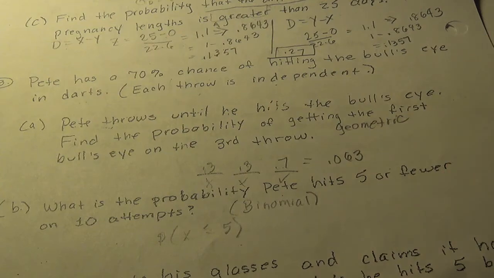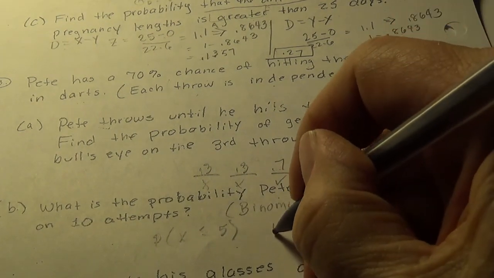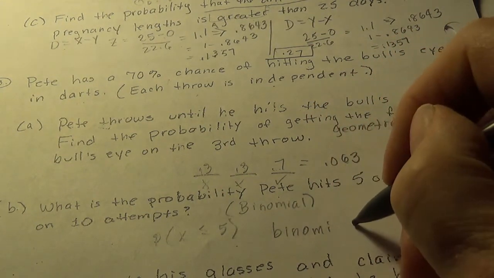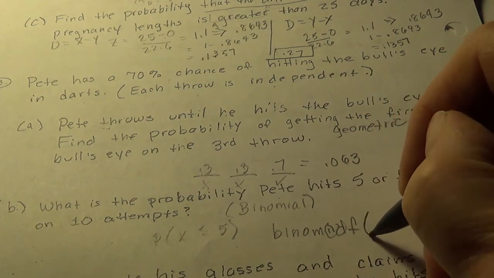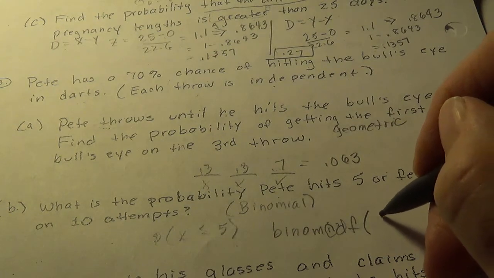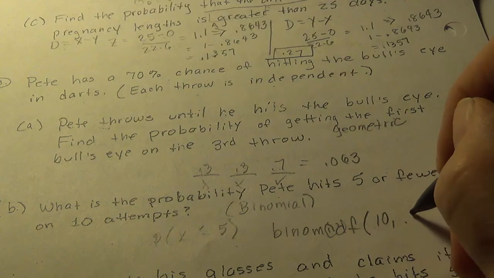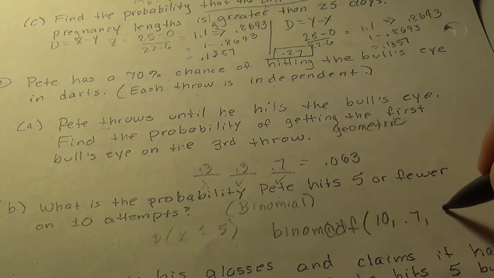Second VARS, distribution, binomial. Is that a CDF or a PDF? Binom CDF. You have to tell it the number of trials, which in this case is 10, the probability of success, 0.7, and the value that we're interested in, 5.